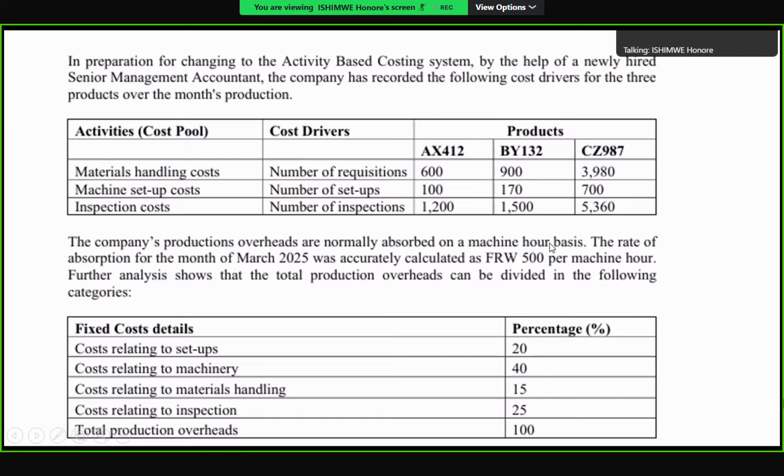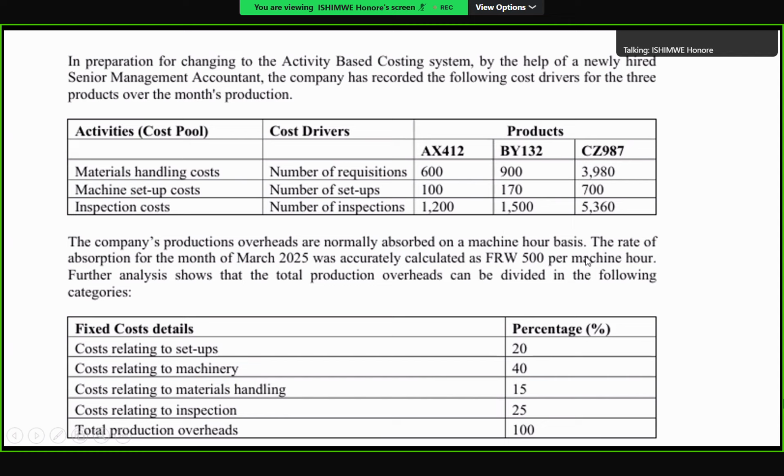The rate of absorption for the month of March 2025 was accurately calculated as 100.500 francs per machine hour. You remember what I told you? This is the overhead absorption rate, OAR. So it is total overhead over total machine hours.